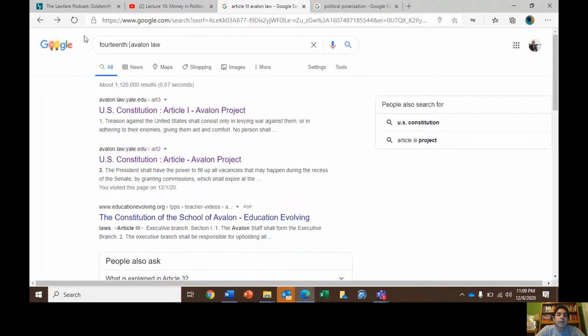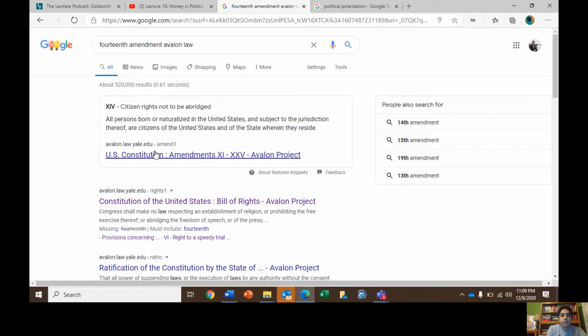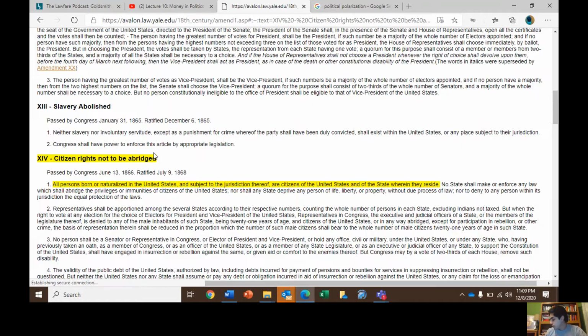We also talked about the ways in which different courts have interpreted the 14th Amendment and the guarantees enshrined in the 14th Amendment and all that good stuff.